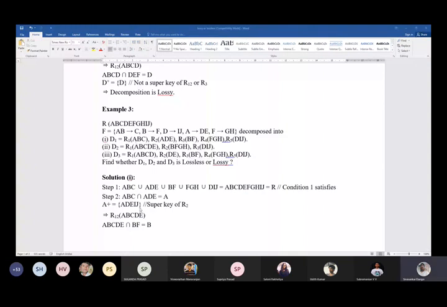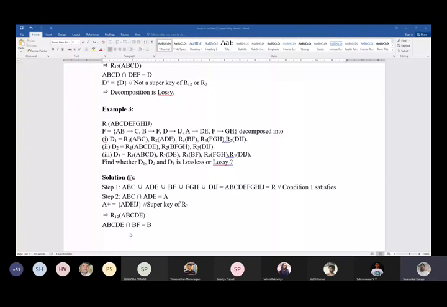So we are going to combine the fragmented relations ABC and ADE, right? So R12 denotes ABCDE. Now again, you are going to find the intersection between R12 and R3.